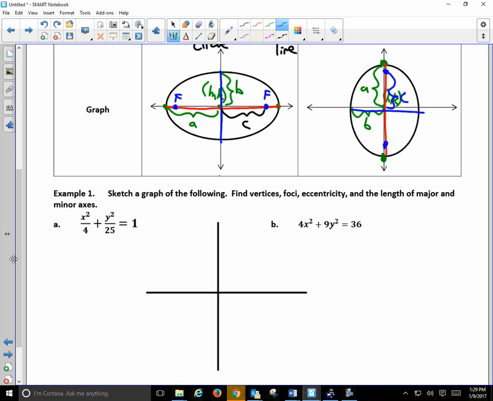But do you know what is so important in real life that involves ellipses? Early on in math history, thousands of years ago, they were studying ellipses. What do you think they were studying that involved ellipses? Planetary motion.